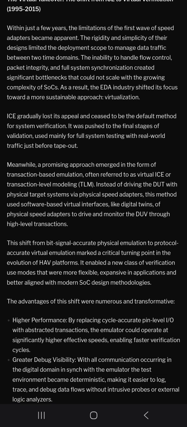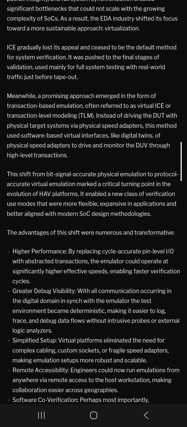Instead of driving the DUT with physical target systems via physical speed adapters, this method used software virtual interfaces, like digital twins, to drive and monitor the DUV through a high-level abstraction. The shift from bit-accurate physical emulation to protocol-accurate virtual emulation marked a critical turning point in the evolution of HAV platforms.